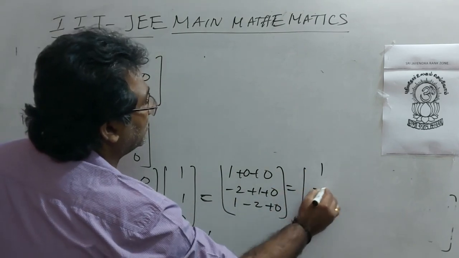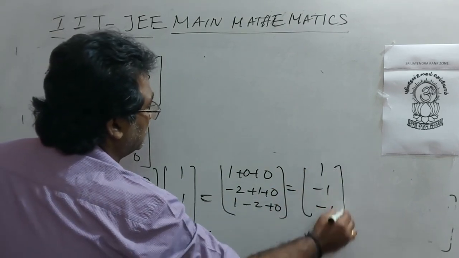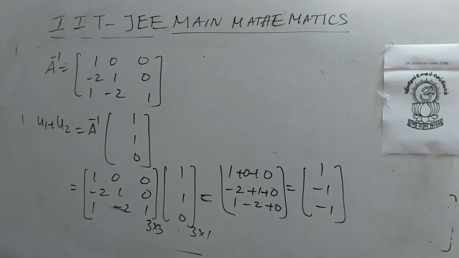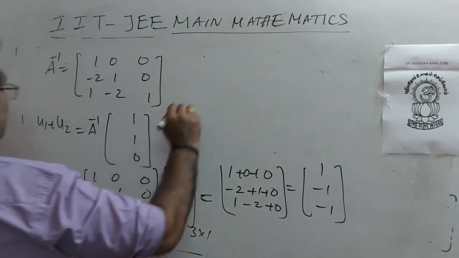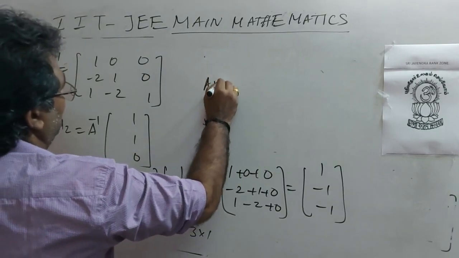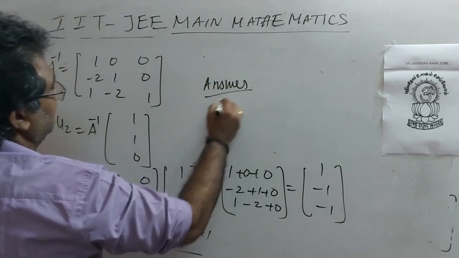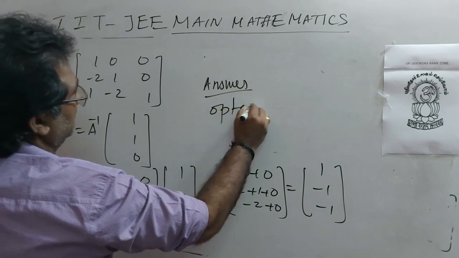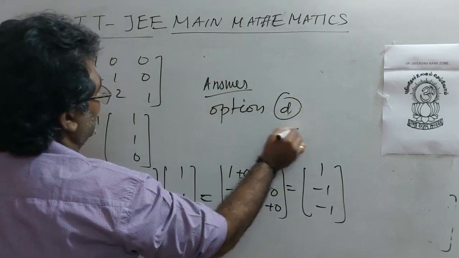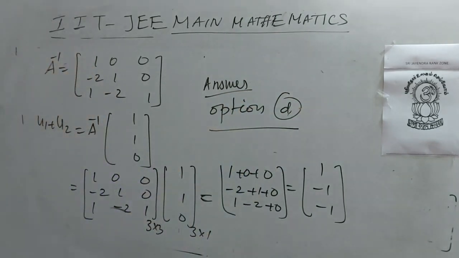Equal to 1, minus 1, minus 1. So the answer is option D.